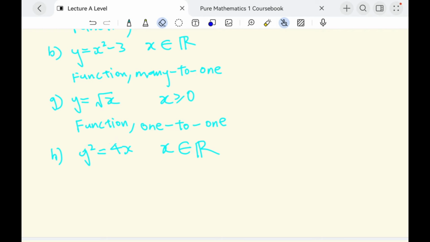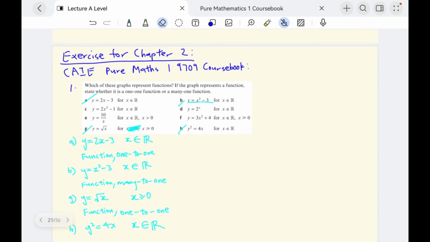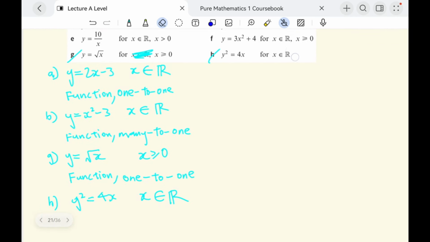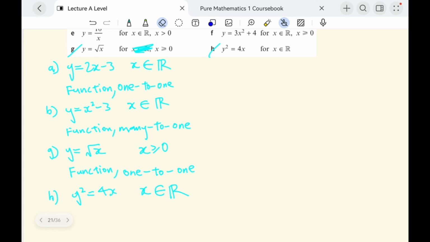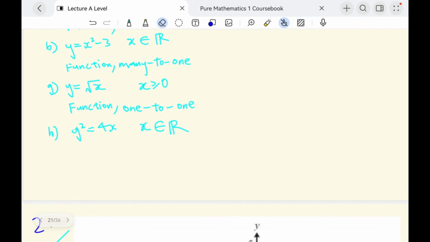Because the question doesn't want you to solve, doesn't want you to express y in terms of x, right? So is it a function if it gives you the original y squared equals 4x? This time, the answer is no. Okay, this is not a function.